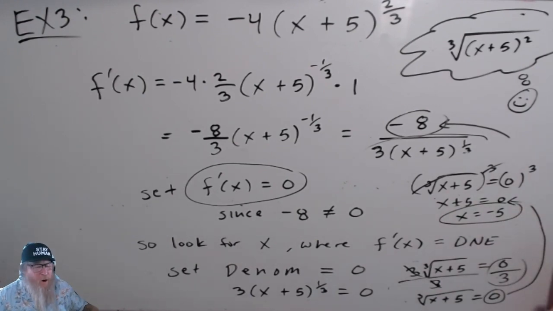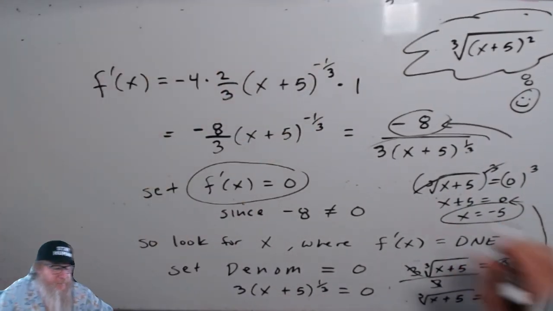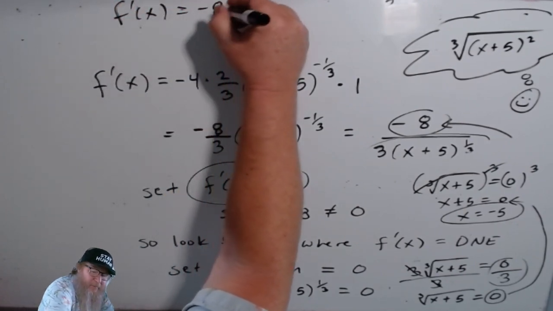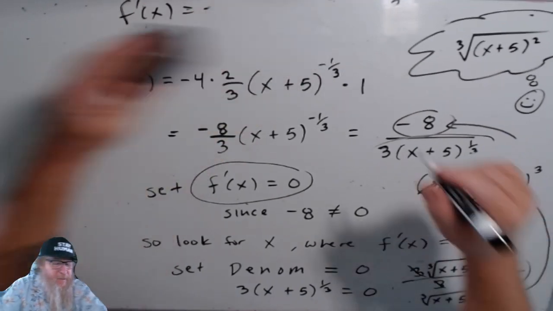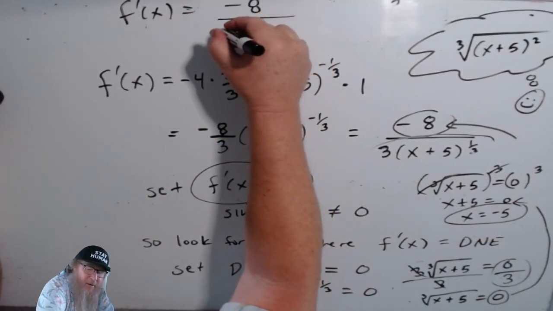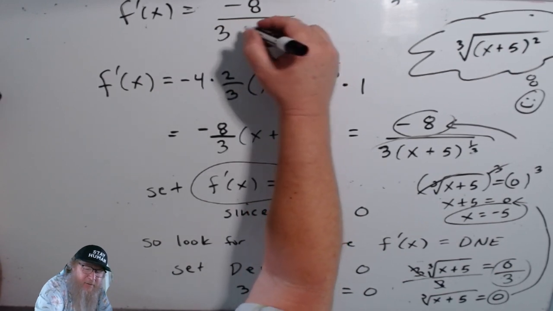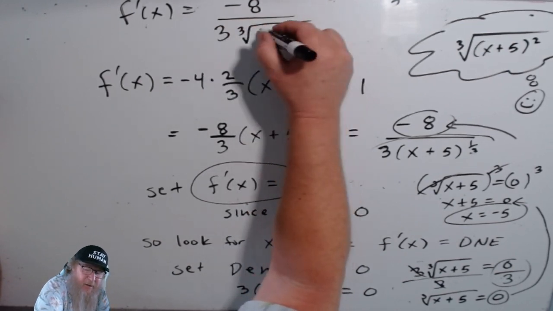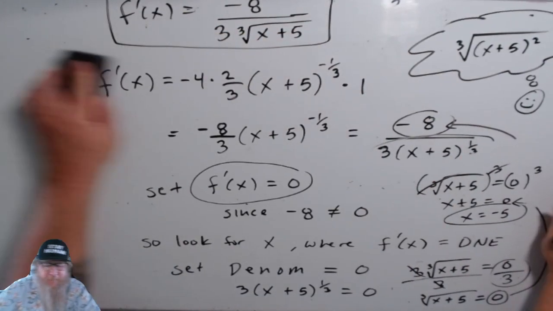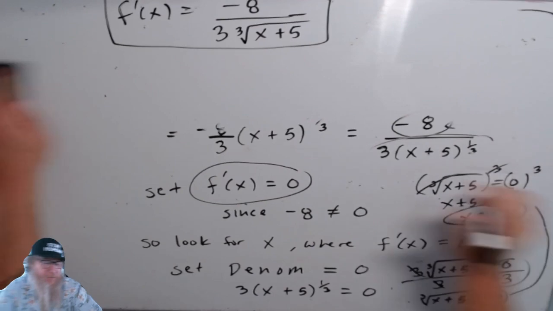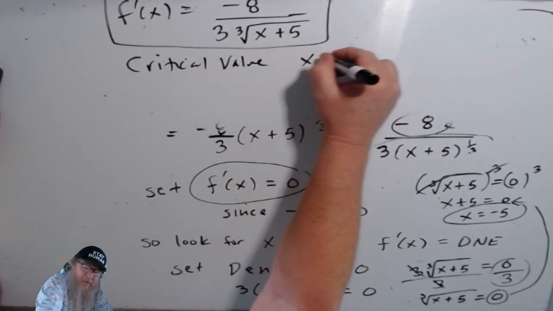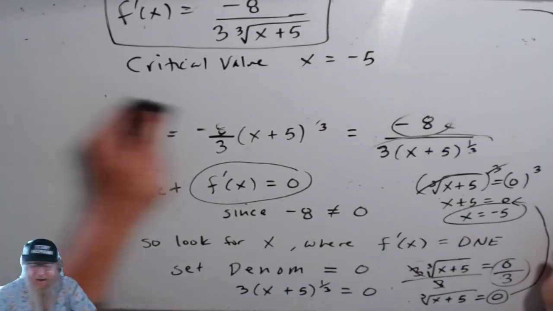So you only have one critical value. Your function is negative 8 over 3 times the cube root of x plus 5, and you only have one critical value, x equals negative 5.